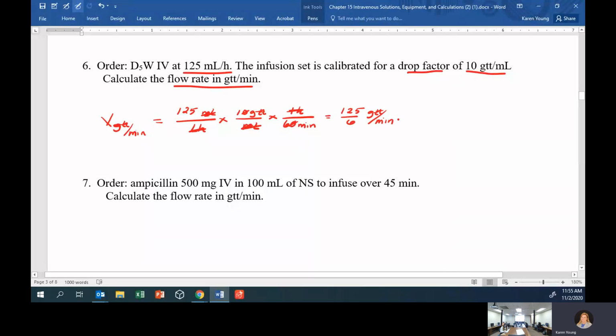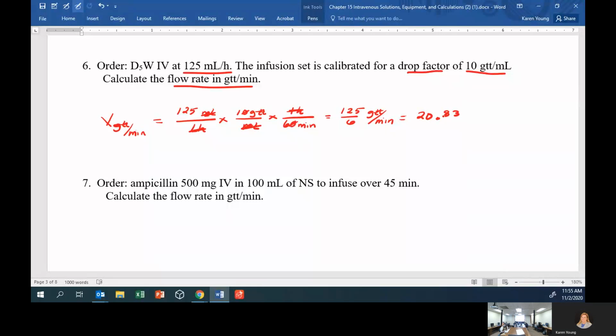Now 125 divided by 6. Let me find my calculator again. It gives me 20.83.